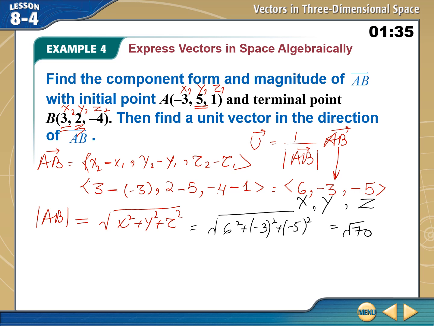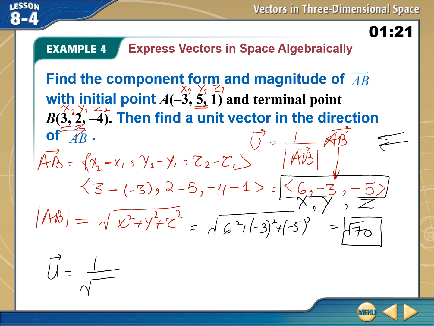Now put this value of the magnitude and the components of the vector AB in the formula of the unit vector. So unit vector equals 1 over magnitude. The magnitude of AB is the square root of 70, times the vector AB, whose components are 6, negative 3 and negative 5. Now what you have to do: consider 1 over square root 70 as a scalar quantity.